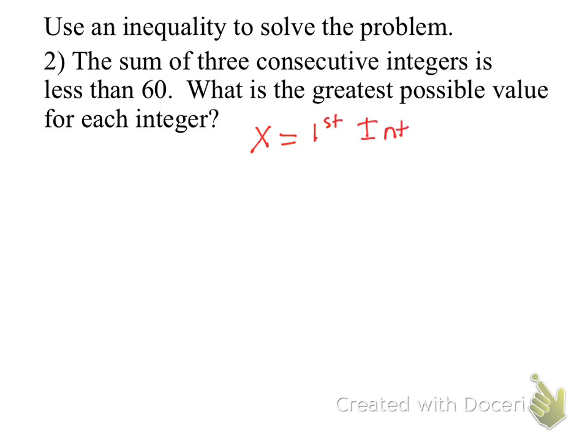Jake, what would the next one be? X plus 1 is the second integer. And the next is the third integer. Now, if I don't define it, like I said, you're only getting half the credit. You have to do this part. Now, what's the equation, Jake?